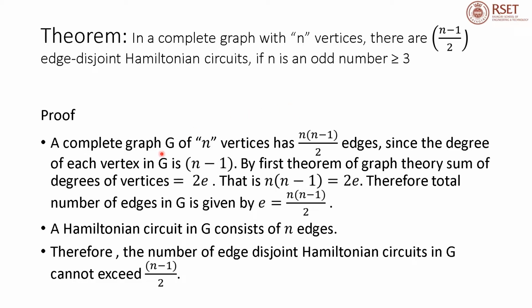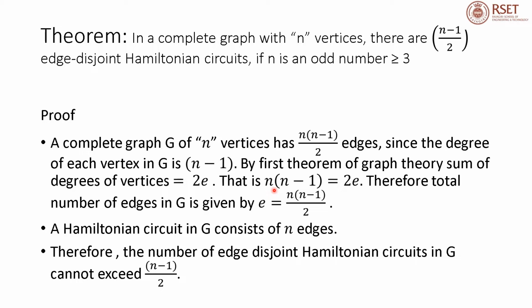A complete graph G of n vertices has n(n minus 1)/2 edges. Since the degree of each vertex in a complete graph G is n minus 1, by the first theorem of graph theory, the sum of degrees of vertices is equal to 2E.